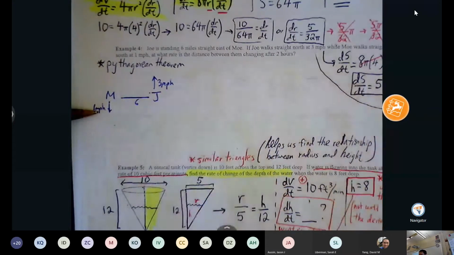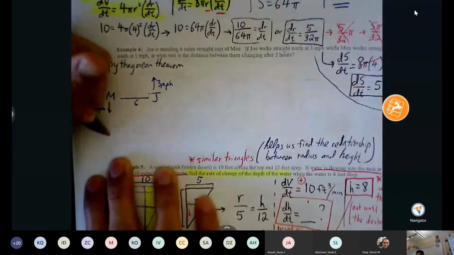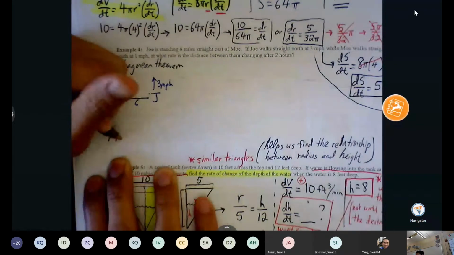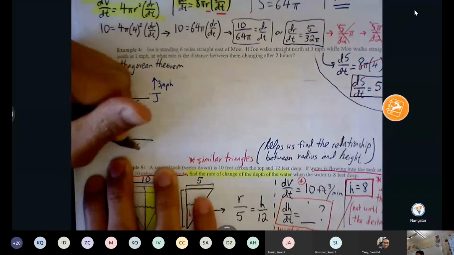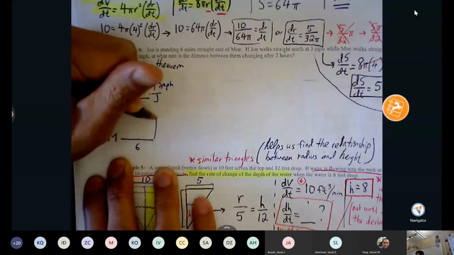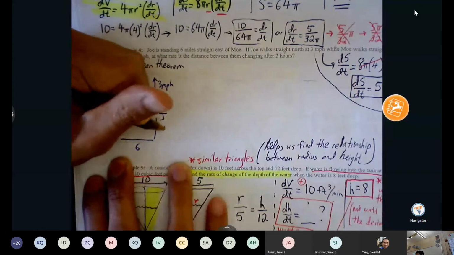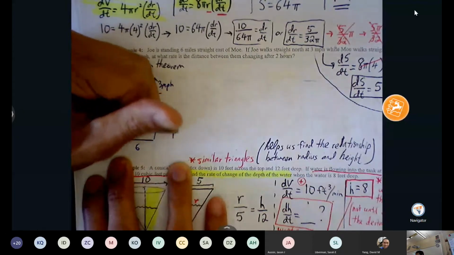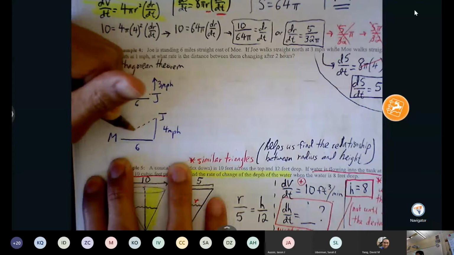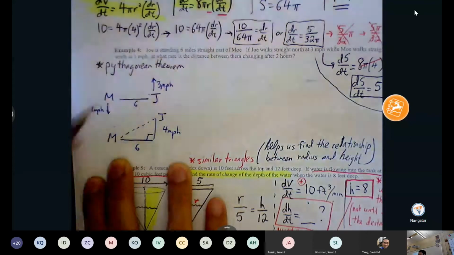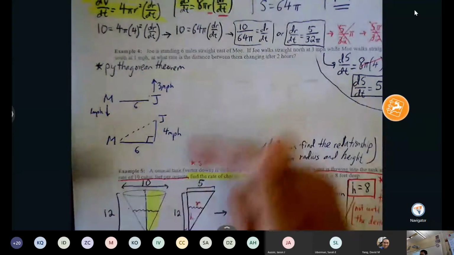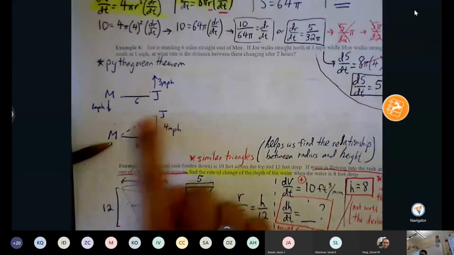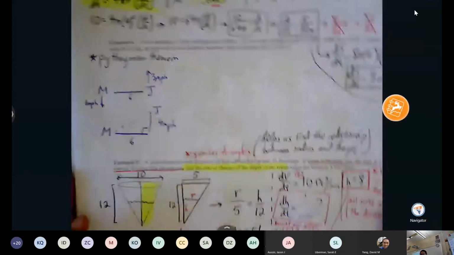And let's just let Joe move at 4 miles per hour. And that way we can force our problem into something that's easier to work with. So let's have Joe move at 4 miles per hour. And now we still have the same relationship in terms of their vertical movement, but now we have an easier diagram to work with.